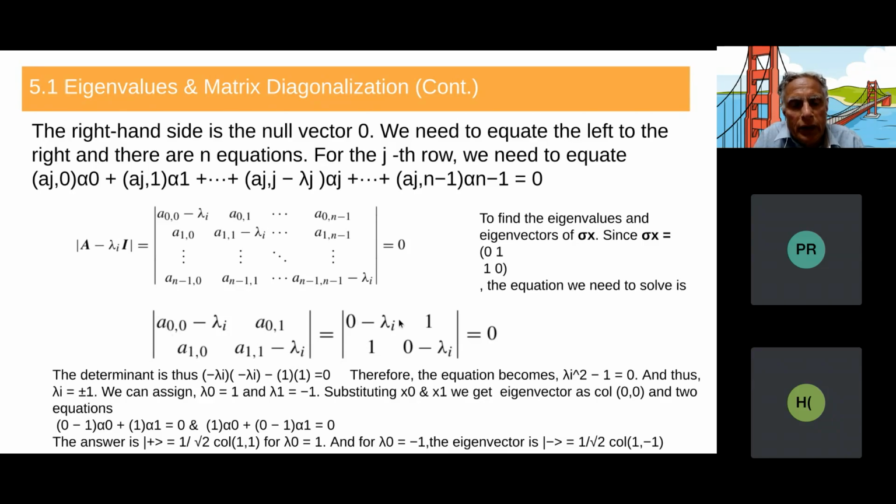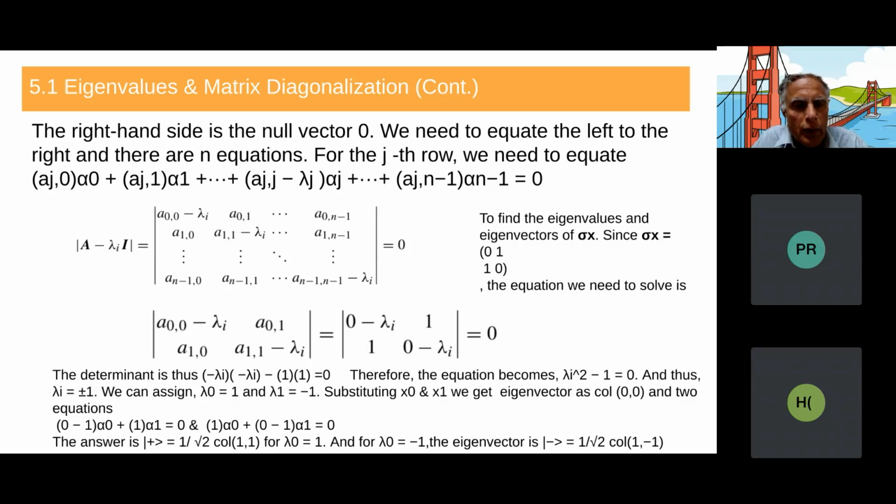If we take the determinant, we are saying the determinant of A minus lambda I is 0. Then what we get is minus lambda, minus lambda, 1, 1. So it turns out that lambda squared minus 1 equals 0, therefore lambda squared equals 1, and lambda is equal to plus or minus 1.